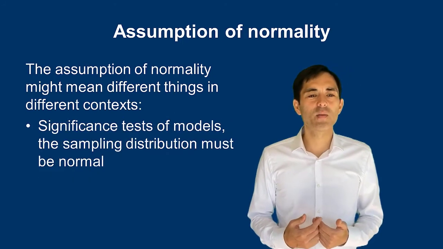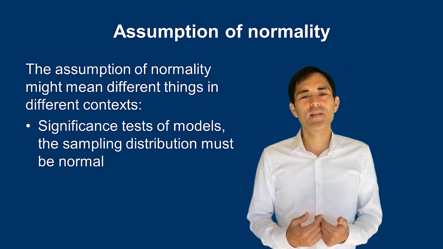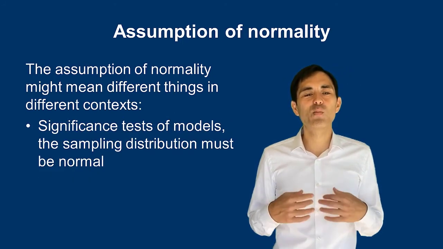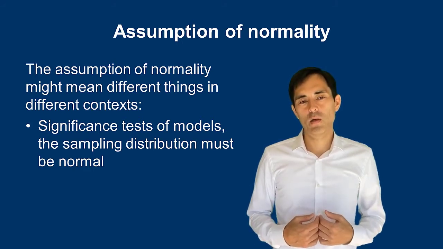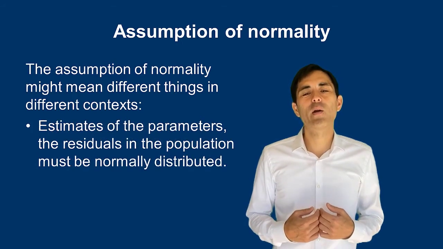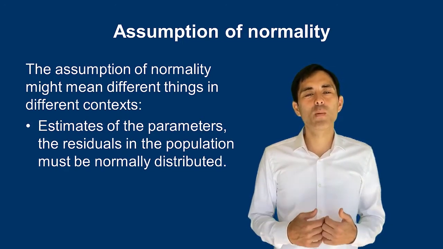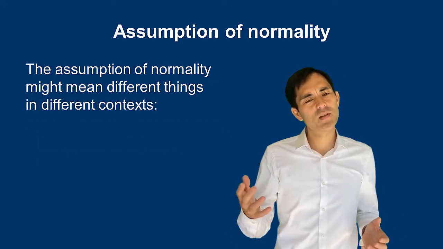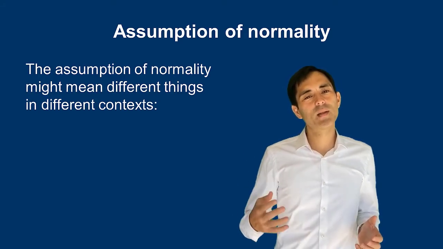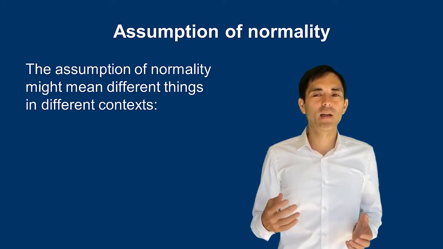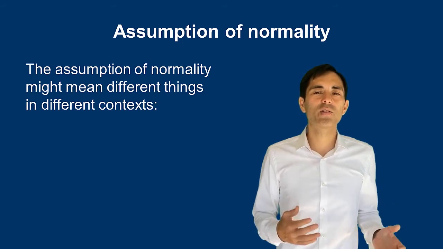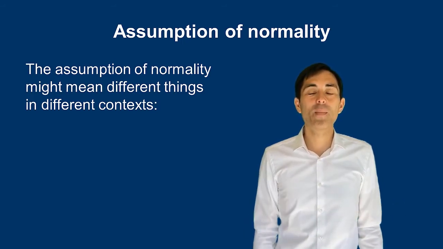It could, however, also be that for the significance of models, the whole sampling distribution must be normal. Or the estimates of the parameters. So the residuals of the population must be normally distributed. Some of these things are somewhat related, but depending on what test you would like to implement, I think you have to consider different types of normality.